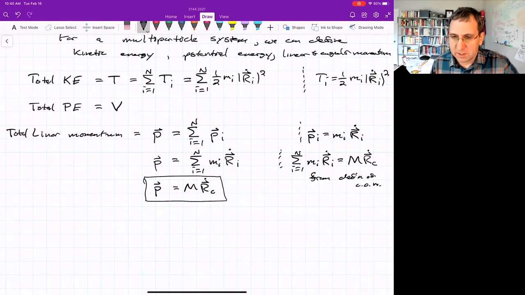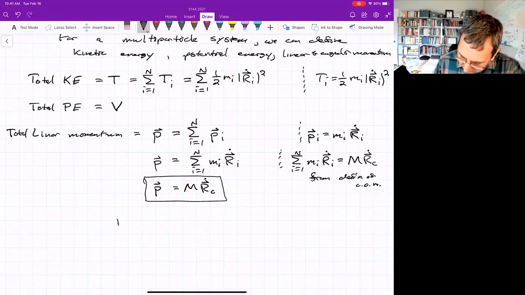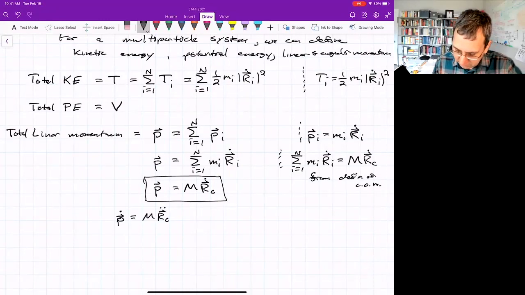The total linear momentum of the system is equal to the total mass times the inertial velocity of the center of mass. And then if we were to take the time inertial derivative of that, so P dot, this equals M r_C double dot. And we saw up above what that was from the Superparticle Theorem.